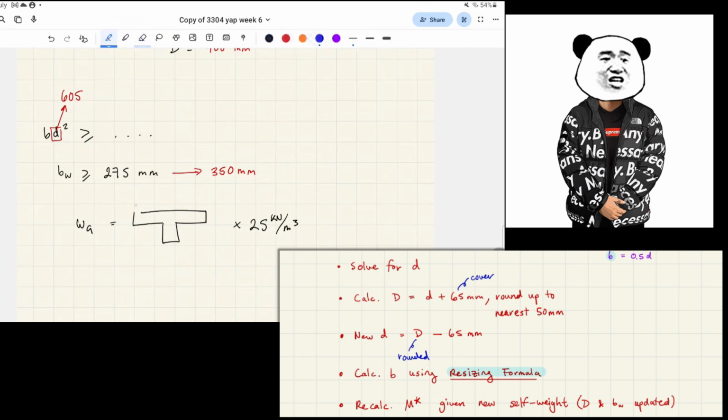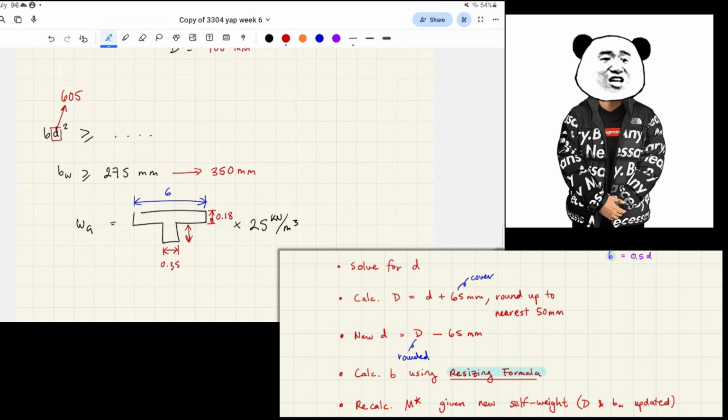That is still the same tributary. Just to remind you, that is still 6 meters, right? That one is still the same slab depth. What we've changed now is basically how much of this rectangle exists, right? And so that's 0.35.